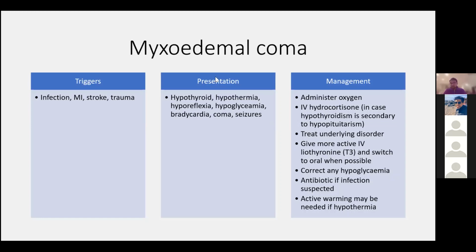If they're cold, you may need to actively warm them, and give antibiotics for any infection. It can be a chronic event, so they may not be compliant with their thyroid medication, or they're not being adequately treated. If they have one of these triggering events, this can then cause them to become extremely hypothyroid.